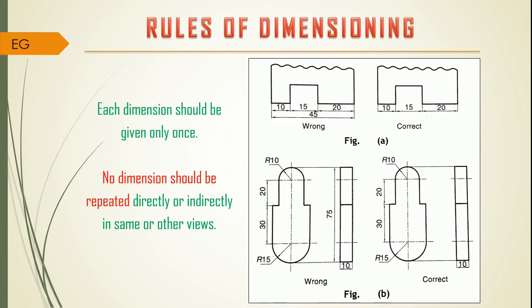So it is again a meaningless activity of showing this 75 mm, isn't it? So you only have to show the dimension once, and take care that no dimension should be repeated directly or indirectly in the same or other view. So this is again one of the interesting key rules of dimensioning.